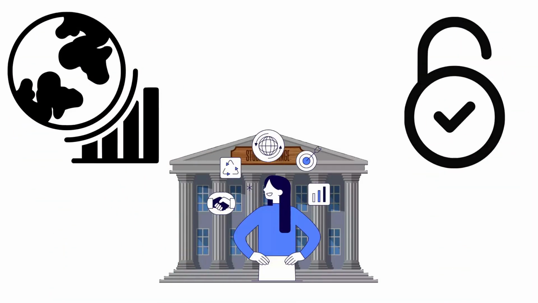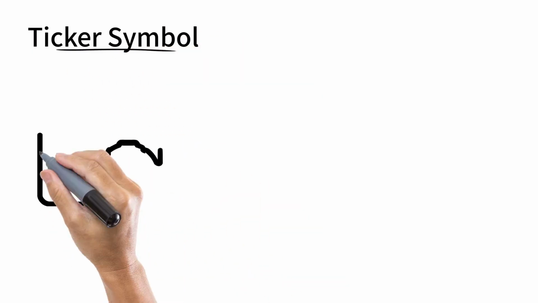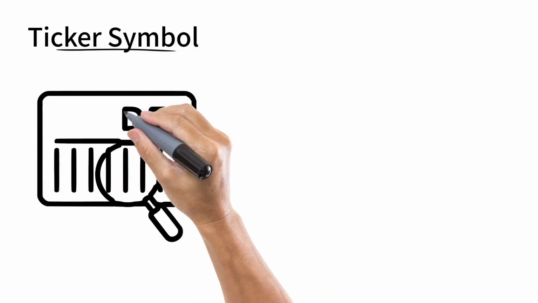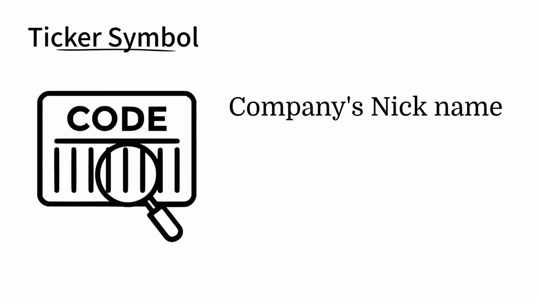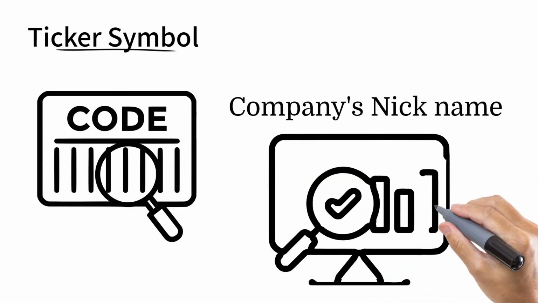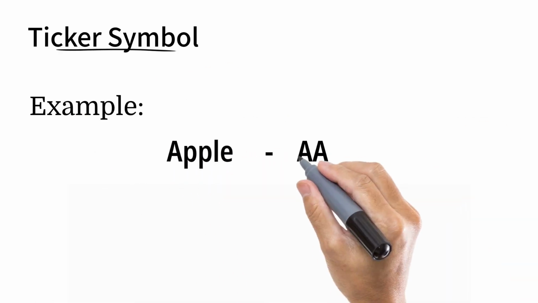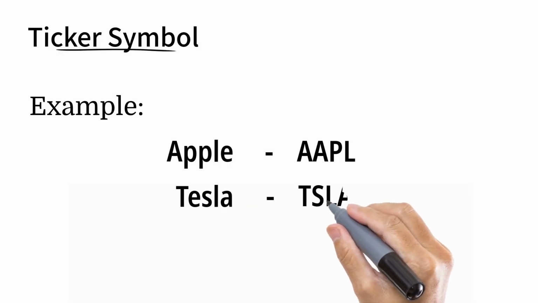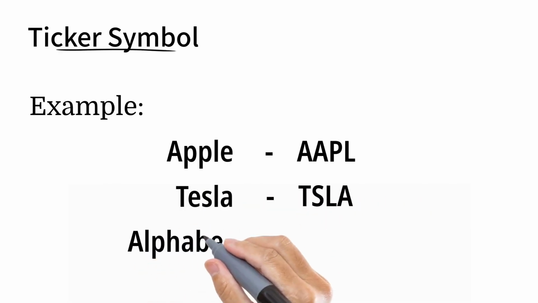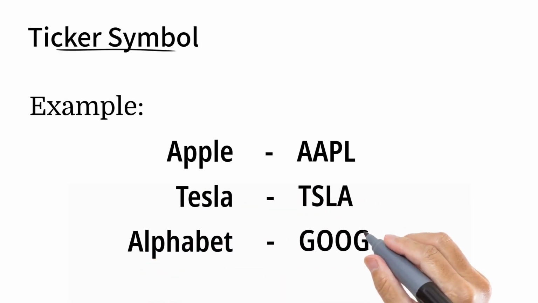A ticker symbol is a short, unique code that represents a company on a stock exchange. It's like the company's nickname for the market, making it quick and easy to identify. For example, Apple's ticker symbol is AAPL. Tesla is TSLA. Google's parent company, Alphabet, is GOOGL.